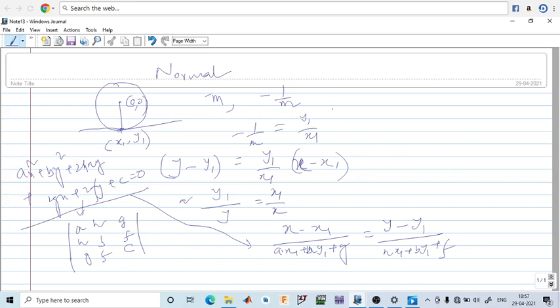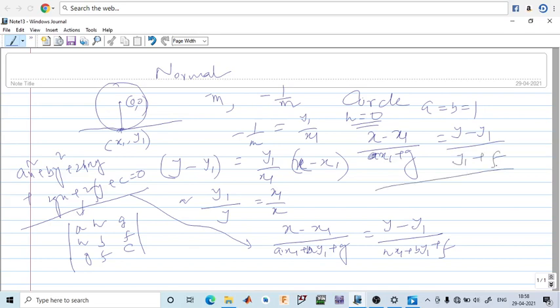If I consider the special case of a circle, then you will see that h is 0, and a equals b equals 1, so it converts into (x minus x1) over x1 equals (y minus y1) over (y1 plus f) for the circle, right? I think it is clear about this part. For normal, there is nothing more than that.